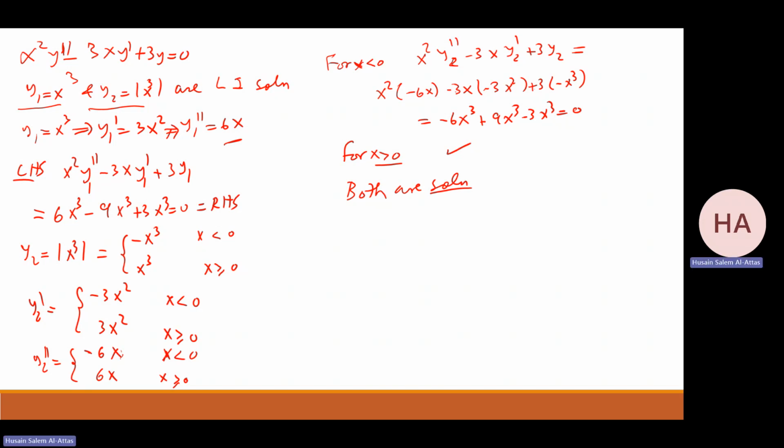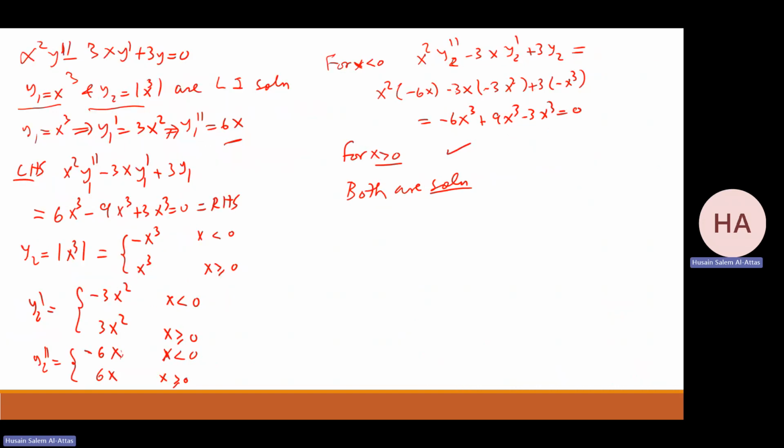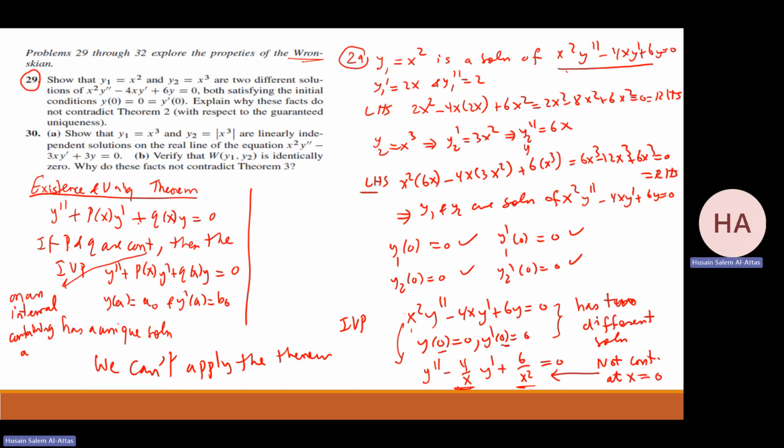Now, what will be the Wronskian to show they are linearly independent? Yeah, they are linearly independent. Why?